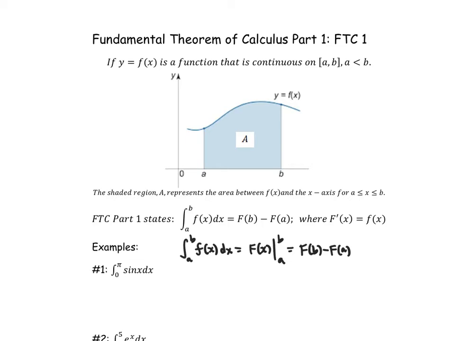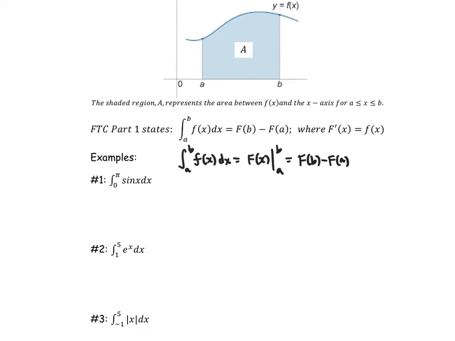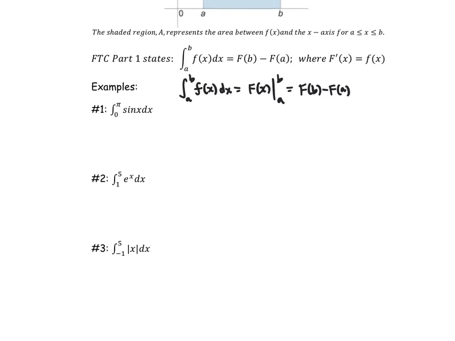So let's look at a couple of examples utilizing fundamental theorem part 1. Okay, so what would the integral from 0 to pi of sine x equal? Well, we already spoke to this, but we said that the integral of sine x dx is negative cosine of x. Now, with a definite integral, we don't add that constant of integration.